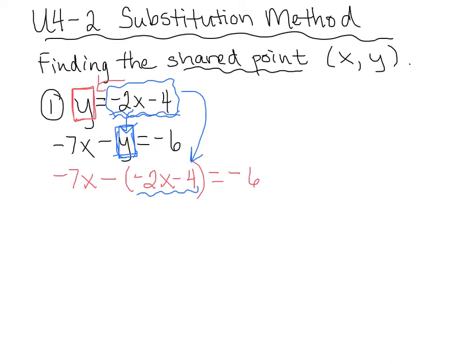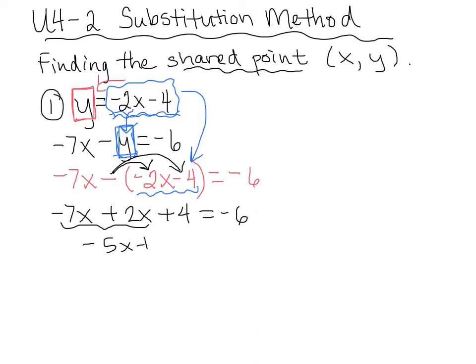So let's go ahead and do that. I would start by distributing that minus sign outside the parentheses. So we have negative 7x plus 2x plus 4 equals negative 6. I combine my like terms and get negative 5x plus 4 equals negative 6.